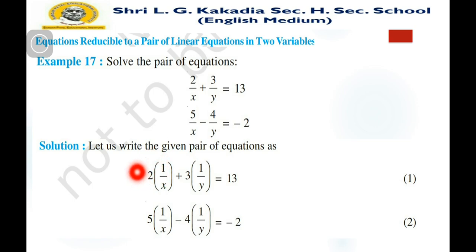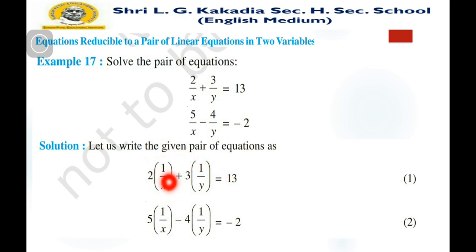Is it right? Yes. So we can write 2 upon x as 2 into 1 upon x, and 3 upon y we can write as 3 into (1 upon y), which is equal to 13.